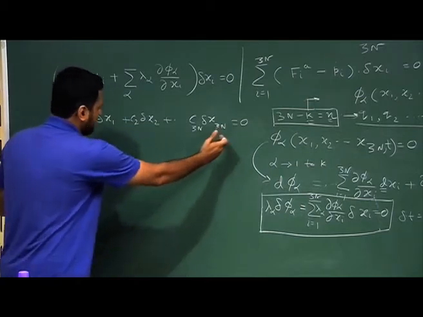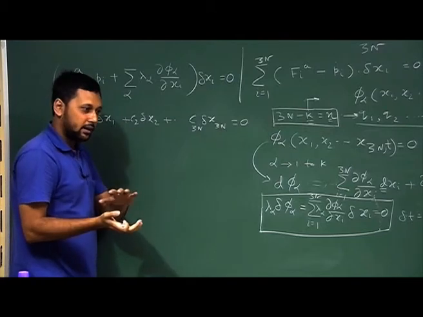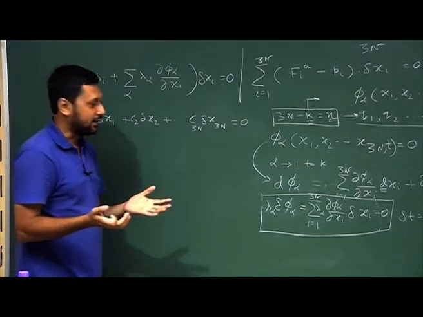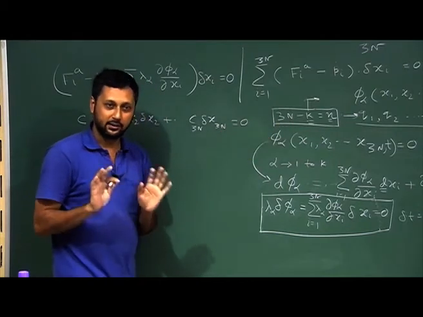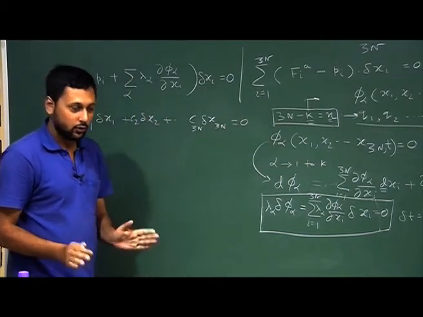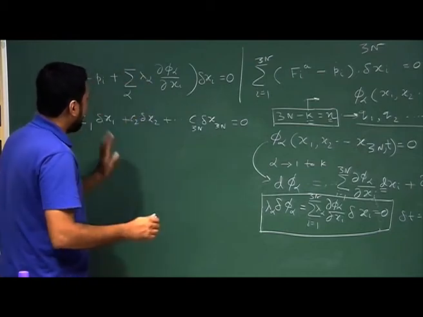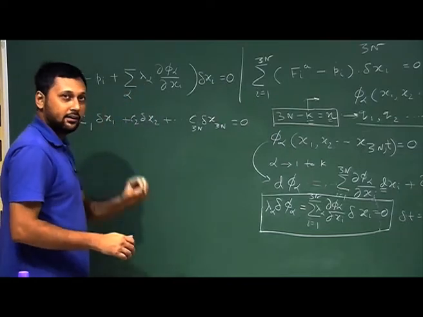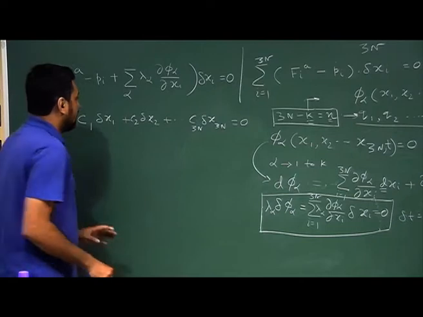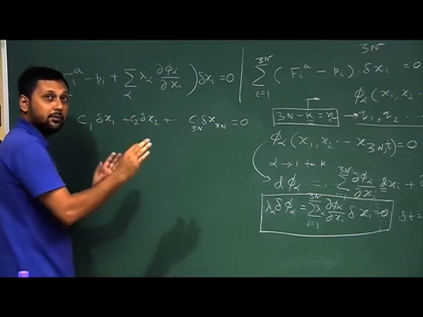So, out of the full set of 3n coordinates, 3n minus k are independent, because that is the number of independent parameters. The rest we can manipulate, and we can say that they are independent, so we can set them equal to 0.